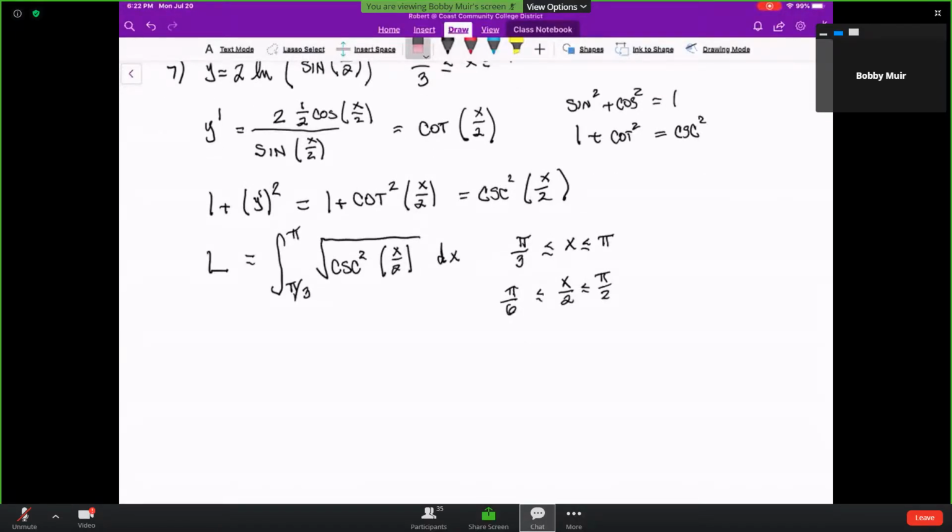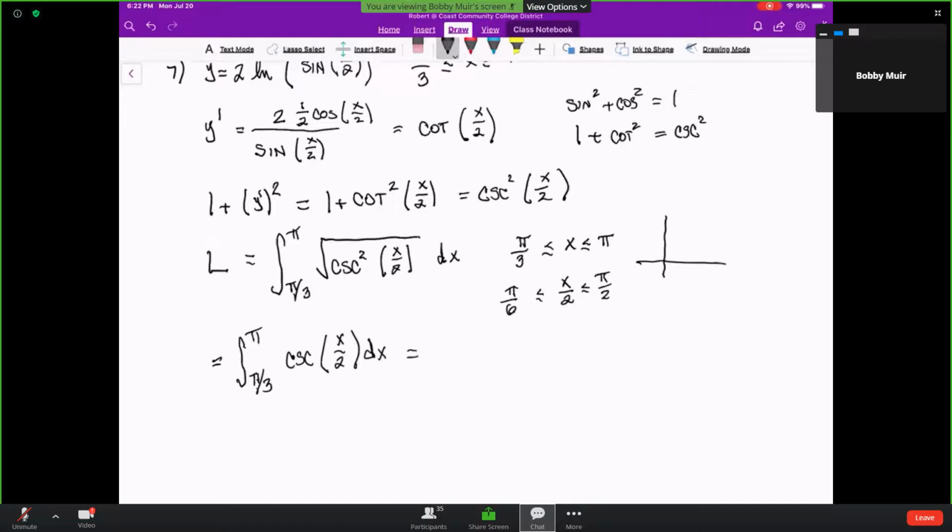Now the cosecant is 1 over the sine, right? And in the first quadrant the sine is positive, so we're okay with doing this. The integral from pi over 3 to pi of cosecant of x over 2 dx.